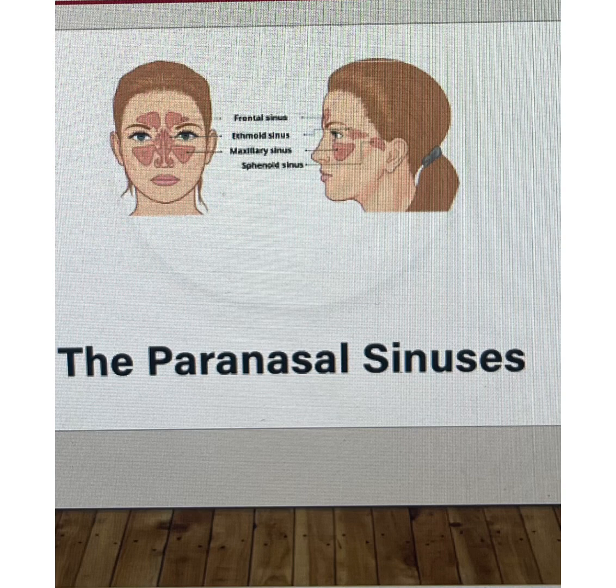Second, the ethmoid, between the nose and the eye in the ethmoid bone. Third, the maxillary, which is the largest of the sinuses, under the eyes in the cheekbone. The sphenoid is located behind the nose. As you see in the lateral picture, it's near the upper part of the ear.